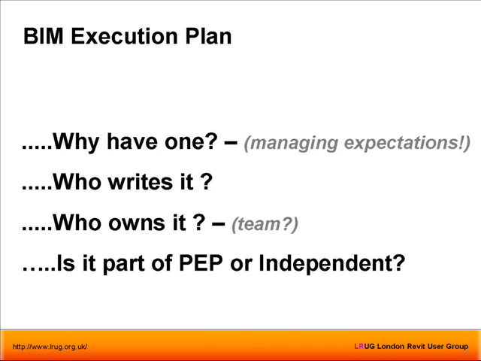Just a thought, do we actually want to specify one person owns it? Is it not a case of, like you say, it's an evolving document, that maybe ownership is transferred at various milestones throughout the project itself? That it starts maybe with the design team and then is passed down at the relevant stage to the contractor, who then becomes the BIM coordinator, who manages and owns that execution.